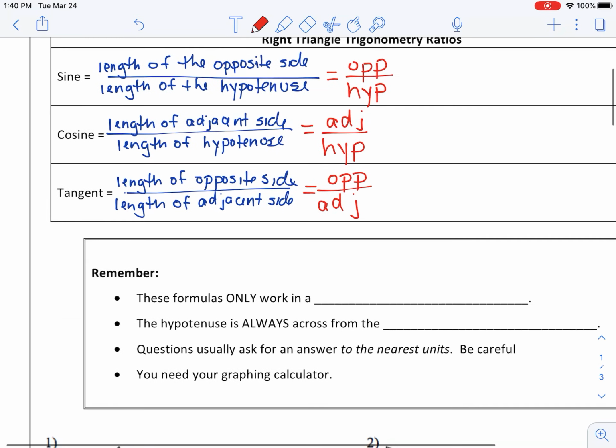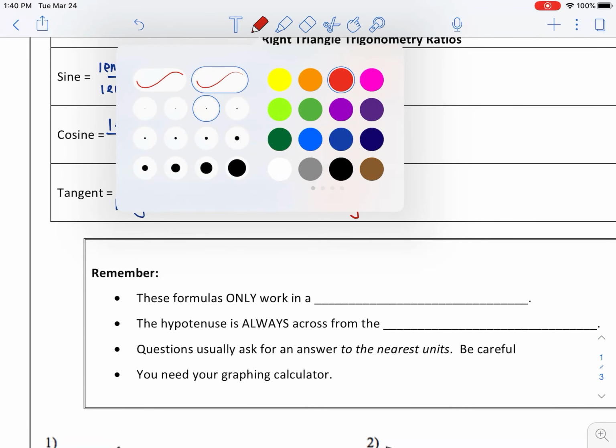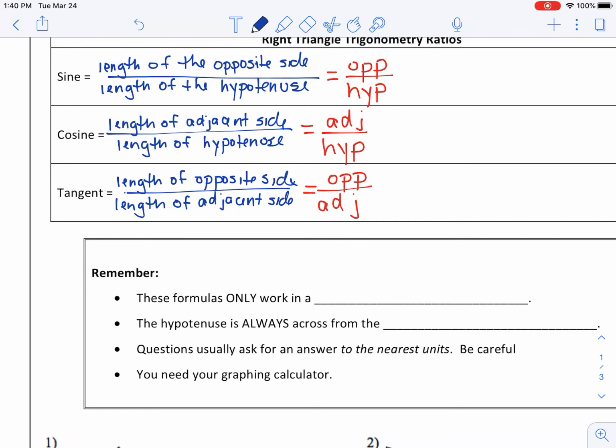So, some important things to remember is these formulas will only work in a right triangle. And you should remember that the hypotenuse is always across from where? The right angle. Okay? Just a couple of other things to remember.